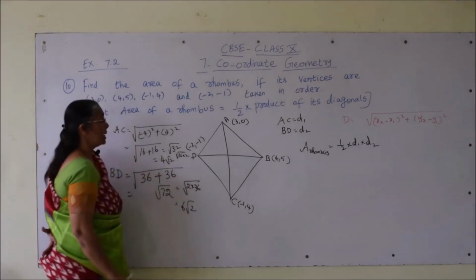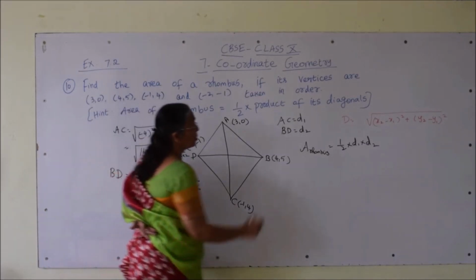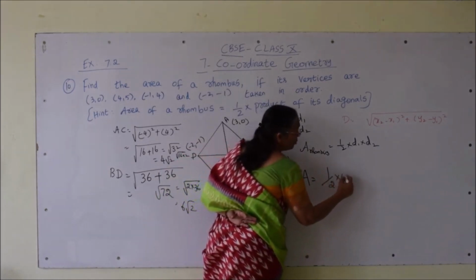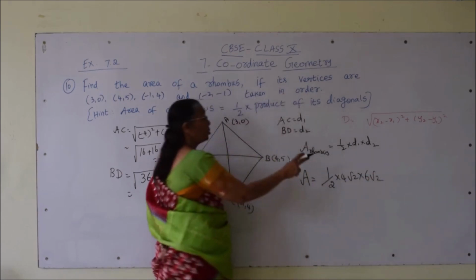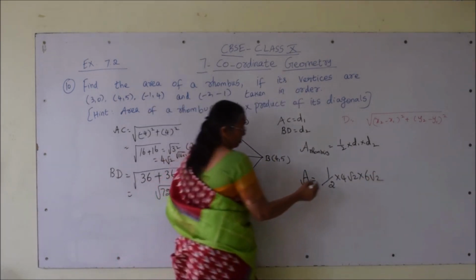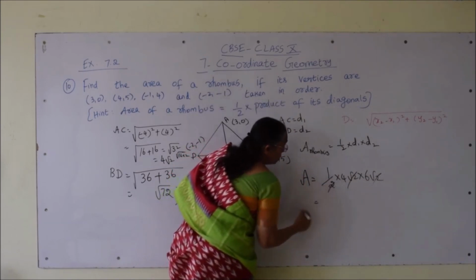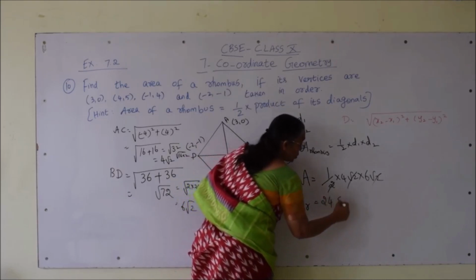So one diagonal length is 4 root 2, another diagonal length is 6 root 2. Therefore area is equal to half of 4 root 2 into 6 root 2. Root 2 into root 2 is 2, so the 2s get cancelled. So the area of the rhombus is nothing but 24 square units.